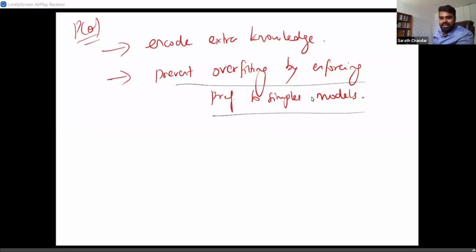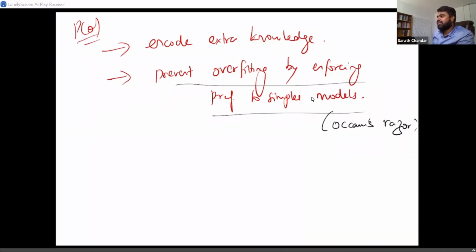When you have L1 regularization, the preference is to have sparser models, right? Now this idea of preferring simpler models, I'm not sure if I have already discussed Occam's razor in the course. Someone can remind me if I have or not. But Occam's razor is this basic idea that you should always prefer simpler models over complex models if the performance is the same. Any guess why that should be the case?